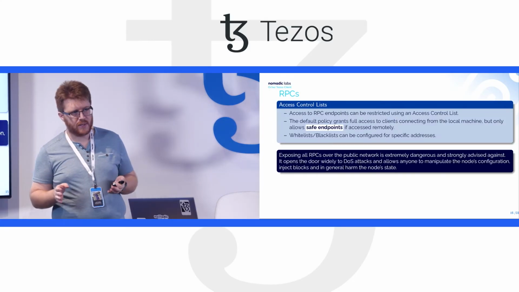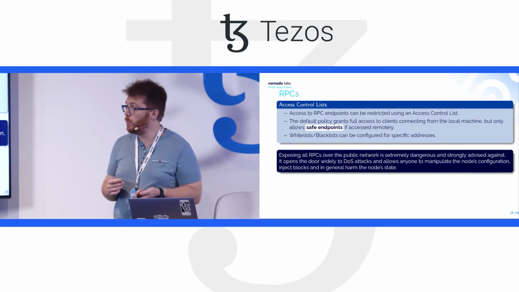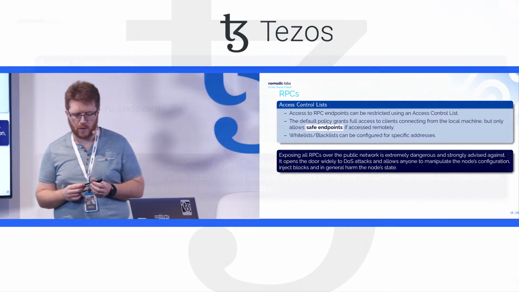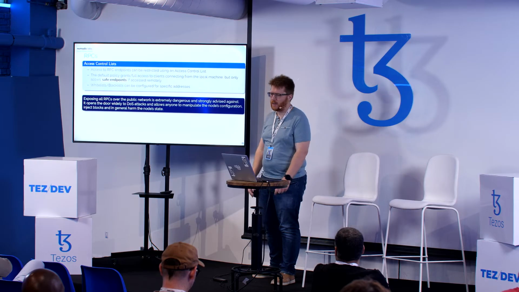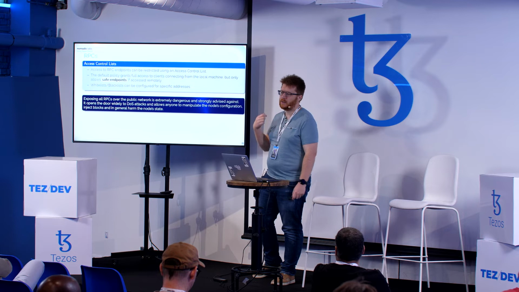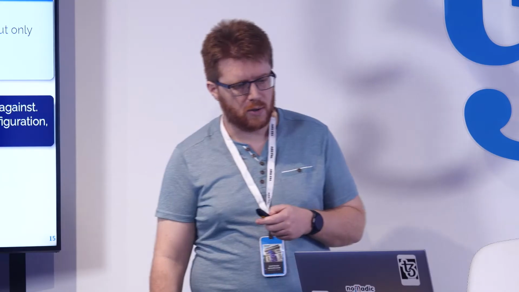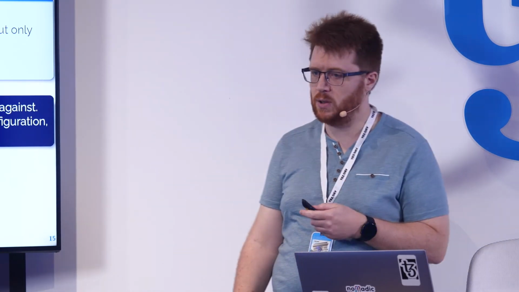Having RPCs open to the network can be dangerous. So we provide an access control list to make sure that you do not open all the RPCs to everyone. By default, only some RPCs are accessible locally, and only the safe ones are accessible remotely. But you can specify this in more detail using a whitelist and blacklist to specify which address can access which RPC in your node.